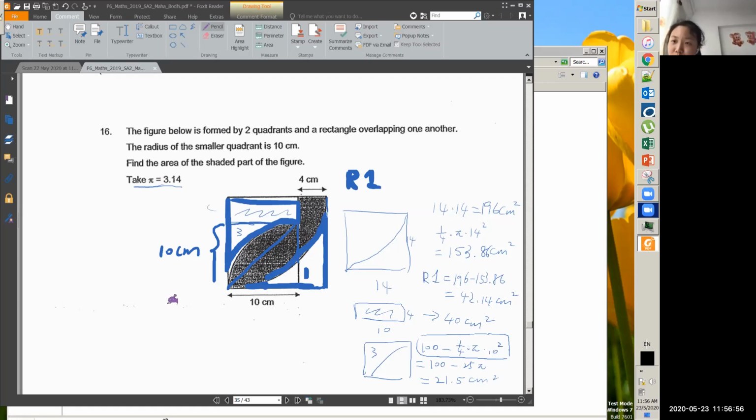So what you need to do is take this, 14 times 14, and then minus off all the regions. Minus the R1, which is 42.14, and then minus the 40, and then also minus your 21.5. That will give you the answer.